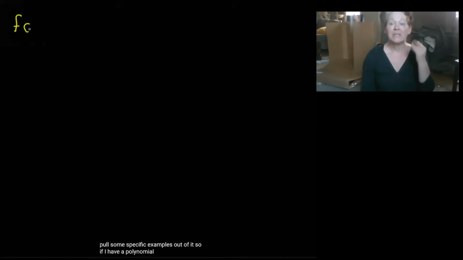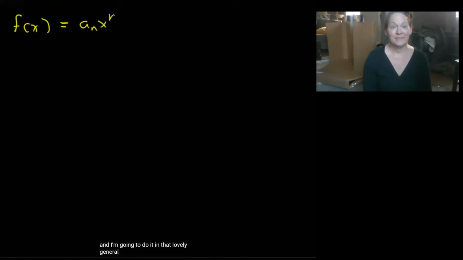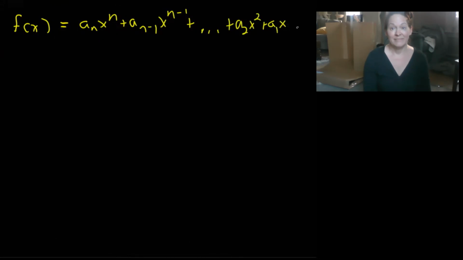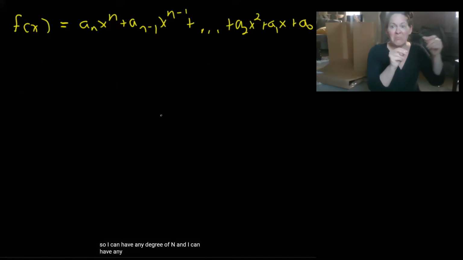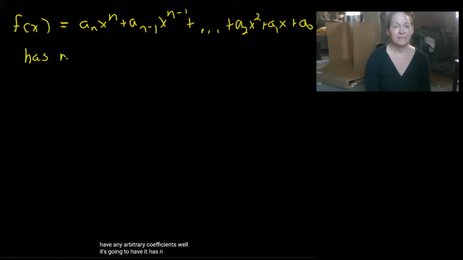So if I have a polynomial, and I'm going to do it in that lovely general form, I can have any degree of n, and I can have any arbitrary coefficients. Well, it has n real zeros.